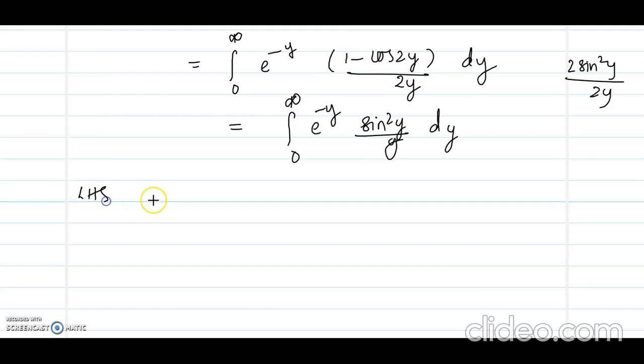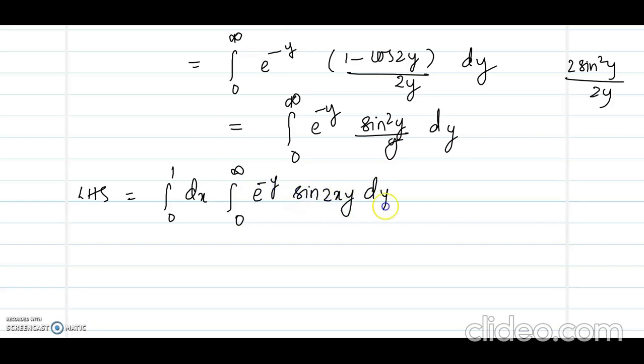Starting with the LHS now, LHS will be equal to integral 0 to 1 dx integral 0 to infinity e power minus y sin 2xy dy. So now evaluate integral 0 to infinity e power minus y sin 2xy dy. This is an integral of the form integral e power ax sin bx.